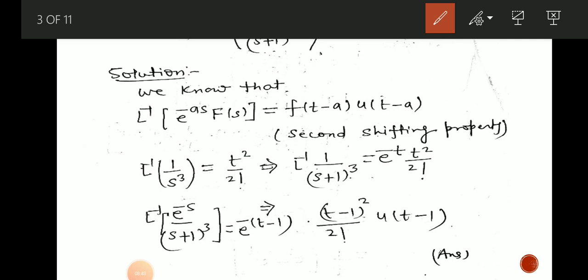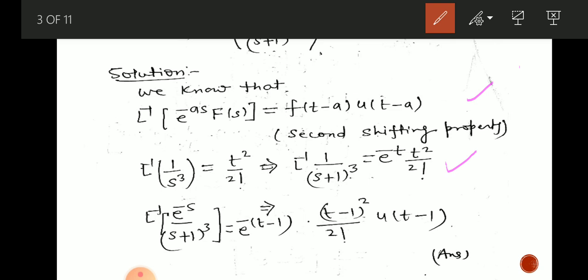So here Laplace inverse of 1 upon (s plus 1) cube is equal to e to the power minus t into t square upon 2 factorial.